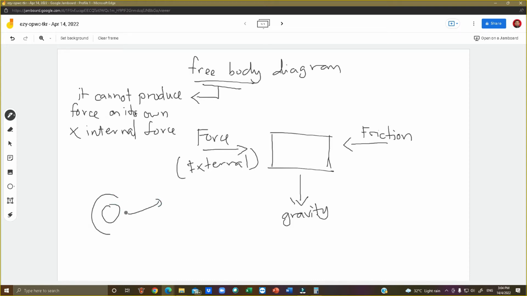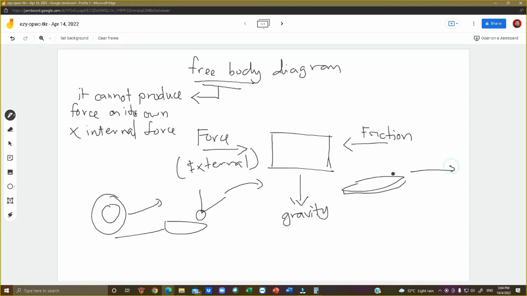That is a free body diagram. Shuttlecock kena pukul dengan raket, travel. That is free body diagram. Frisbee being thrown. This is free body diagram. Dia mesti bergerak, and that pergerakan caused by external force, not internal.